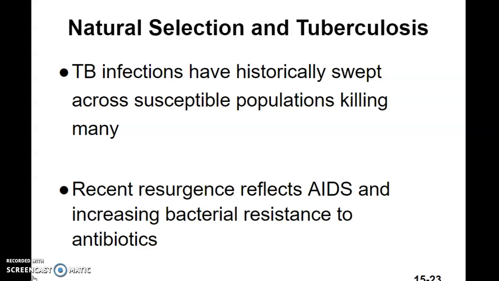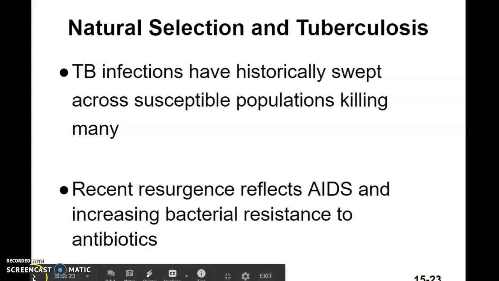We have seen a lot of them becoming antibiotic resistant, so that's been a problem. We've also seen with AIDS, those people have a harder time fighting off TB infections, and so we find more and more bacteria that resist the antibiotics due to being exposed to them more often. The ones that survive are the ones that are resistant to the antibiotics.